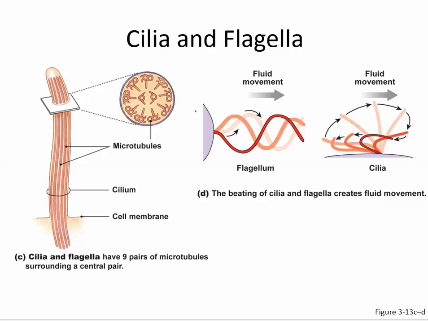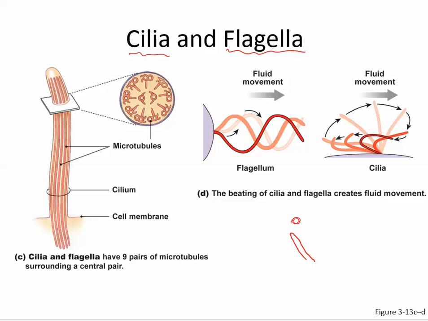So this is what we're talking about. Cilia, to keep these separate, because a lot of people have trouble with this, cilia versus flagella. Cilia move things. So the cilia will move something, for instance, in your respiratory system, the bronchi and the trachea have cilia, and these cilia are moving particles.